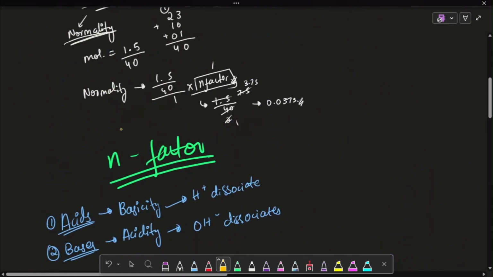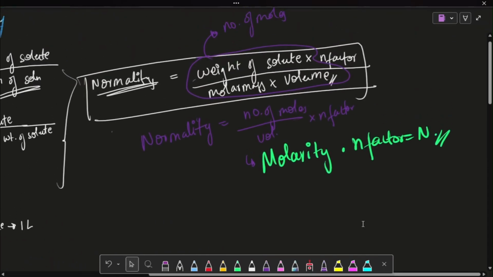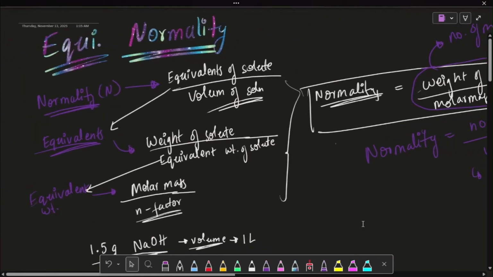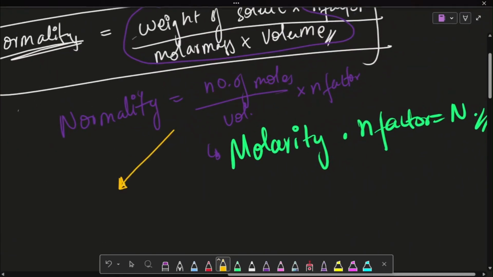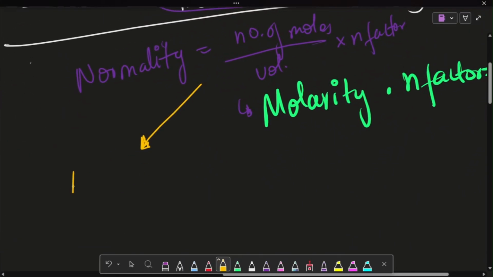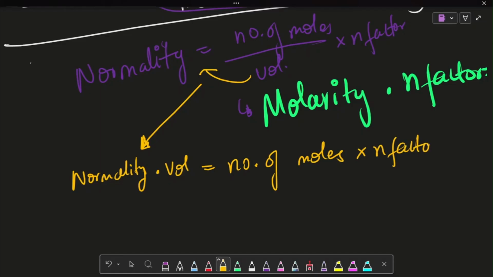Let's derive one more formula from here. If you multiply volume by normality, it would give you number of moles times n factor.